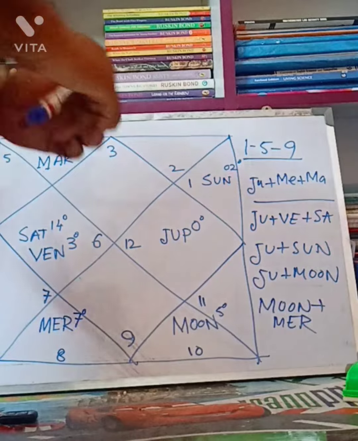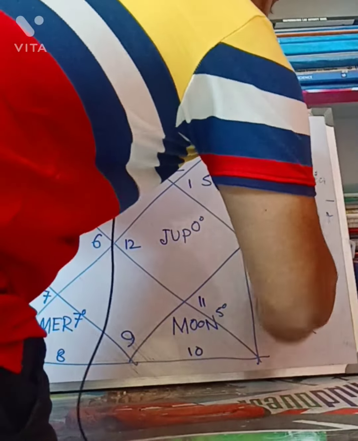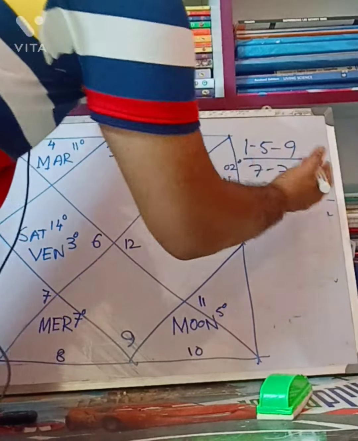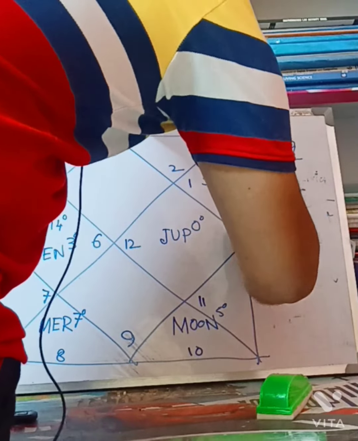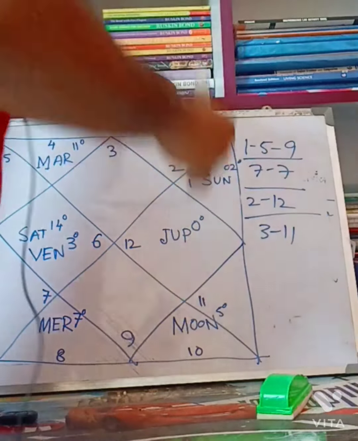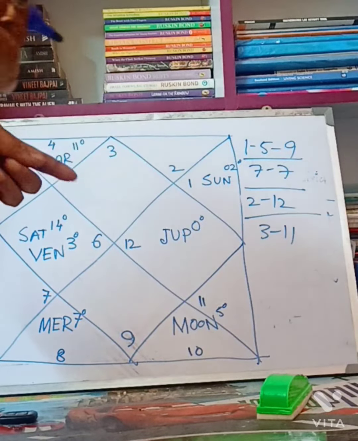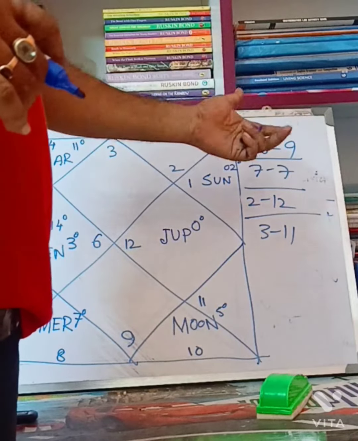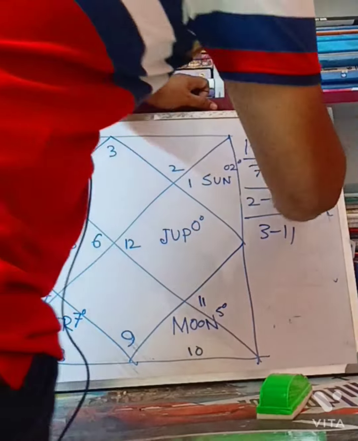So we have a bunch of connections here. First the 159 connection, then the 7-7 connection, then the 2-12 connection, then the 3-11 connection. And what is the strength of all these connections? The 159 connection, we deem it as 100% strength.